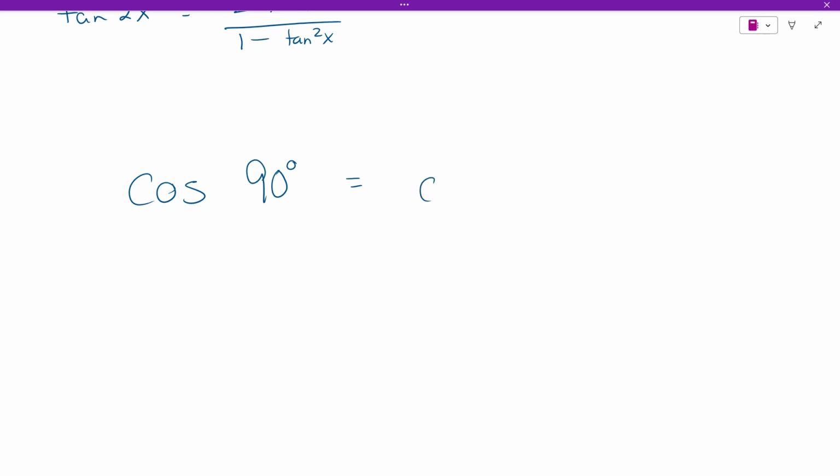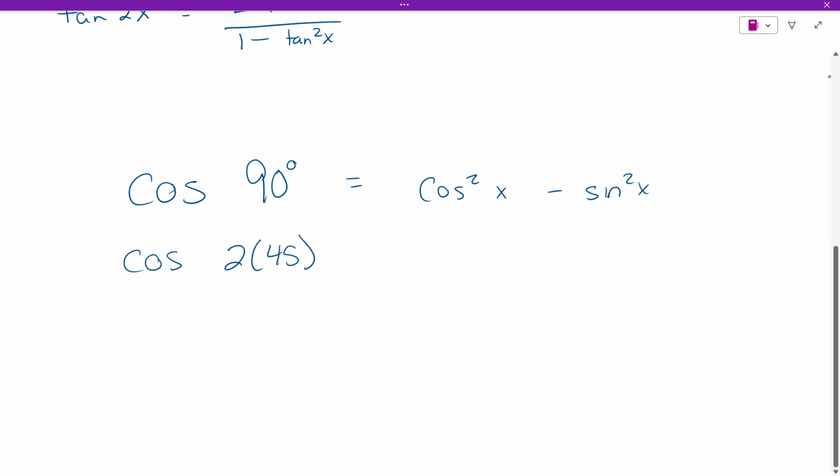0. And so I'm going to use one of my trig identities to figure it out. So I'm going to use cosine squared of x minus sine squared of x. Okay, so the cosine of 90 is really the cosine of 2 times 45 degrees. So x is going to be 45. Okay?